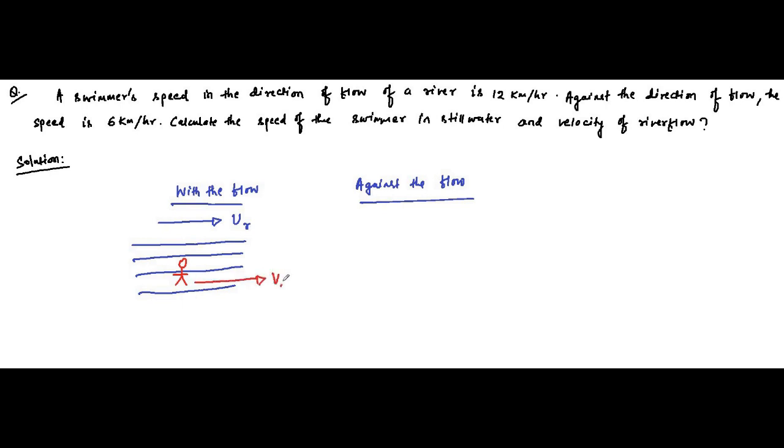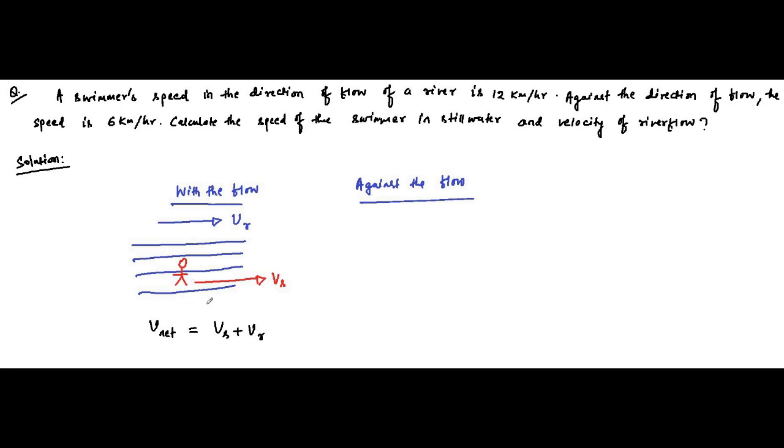The velocity of the swimmer Vs, velocity of the river Vr. So the net velocity of the swimmer is velocity of the swimmer plus velocity of the river.